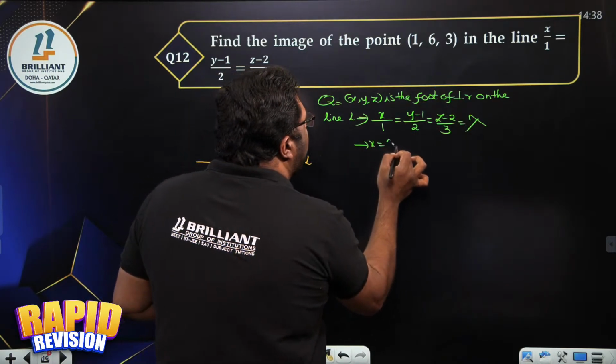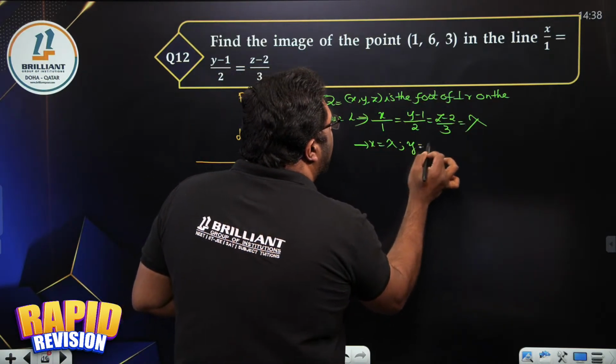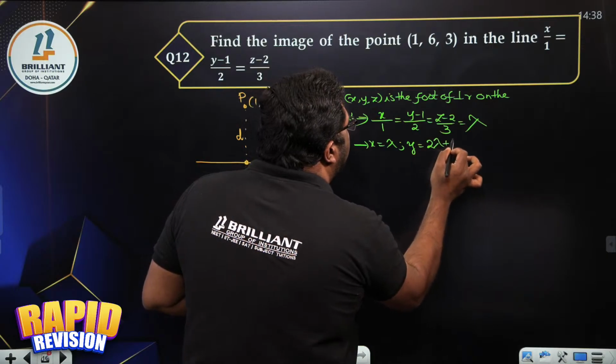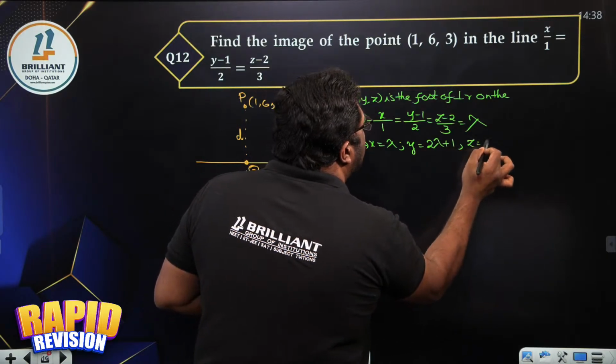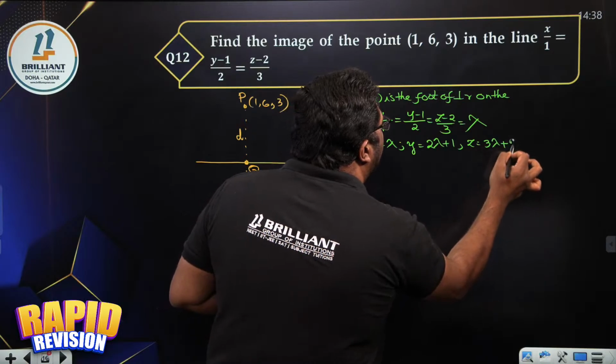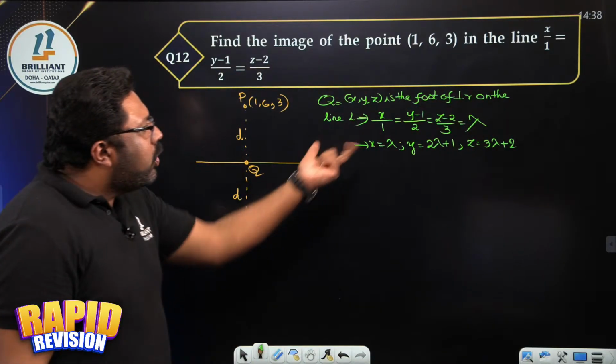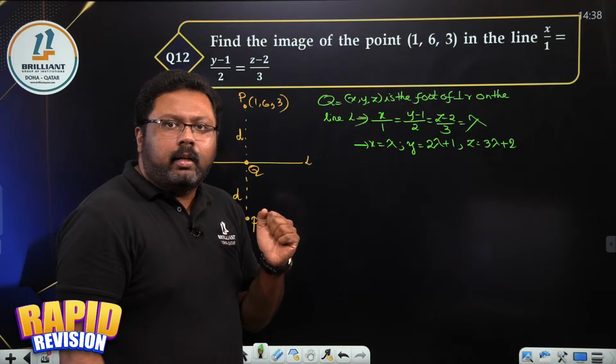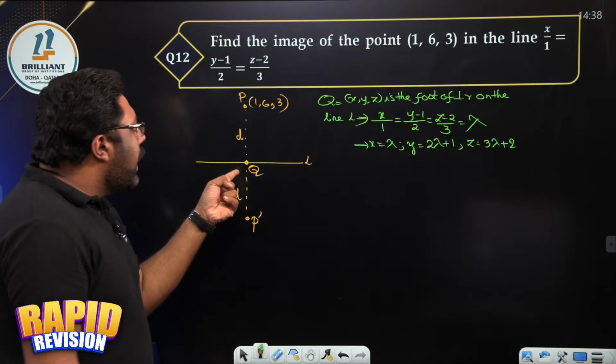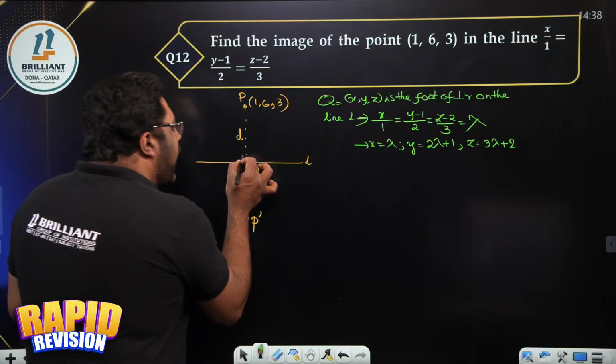So x is equal to lambda, y is equal to 2 lambda plus 1, z is equal to 3 lambda plus 2. I got the coordinates of x, y and z in terms of lambda. That's the foot of the perpendicular. The same idea.